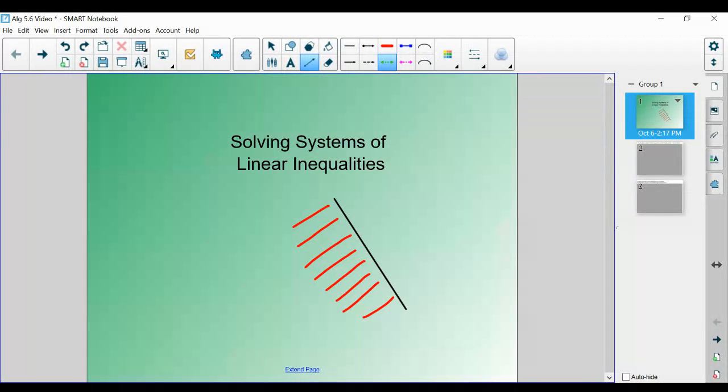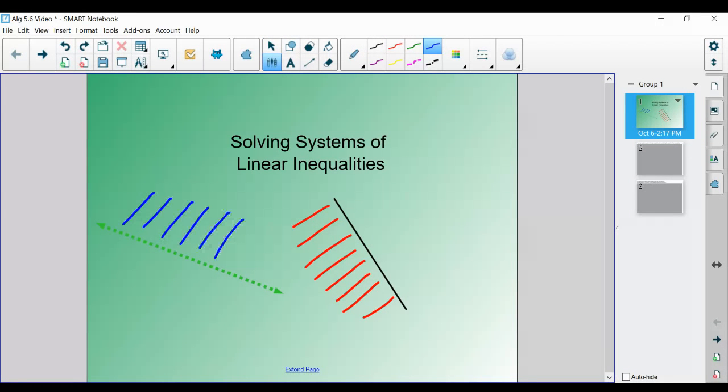Let's say it looked like so. And let's say for this separate one, let's actually put this over here to the left. Let's say for this separate one, when we determined we had to shade, we shaded up.